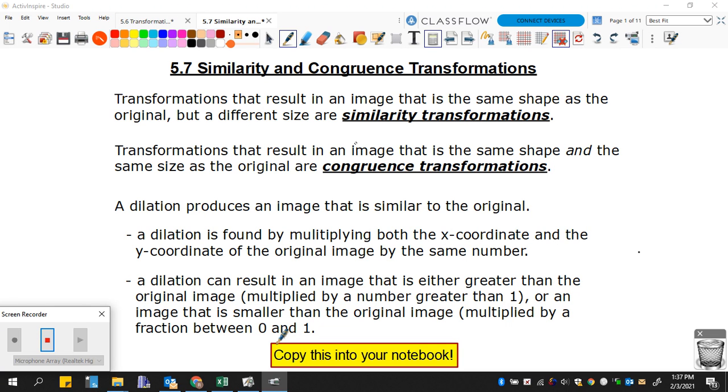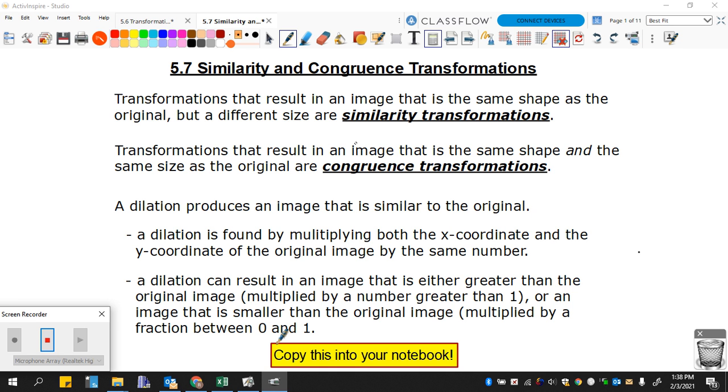Okay, so this lesson we're going to continue our talk about transformations. Remember that if we have the transformations that we talked about in the previous lesson, the resulting shape is going to be congruent, or the same shape and size as the original shape was.